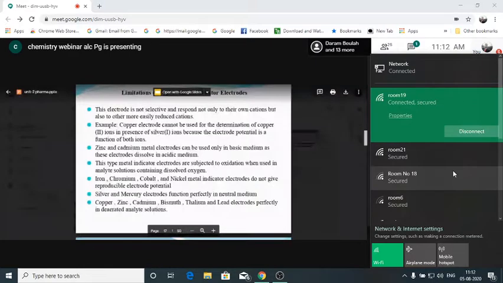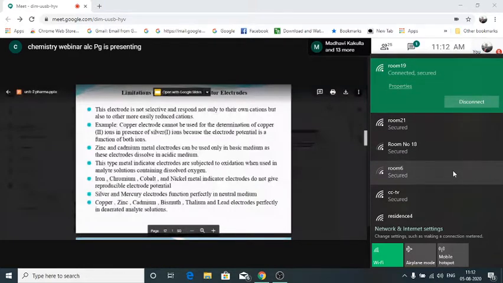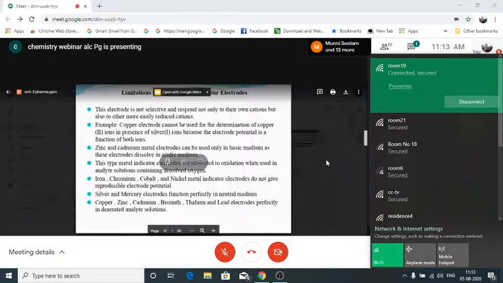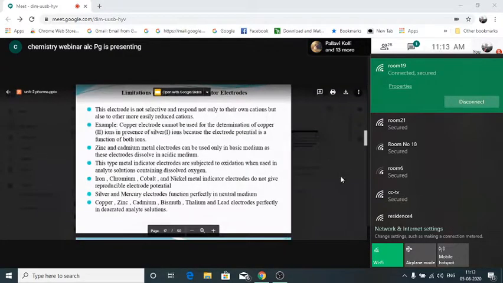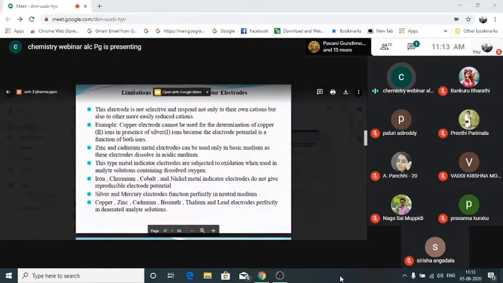Is it clear? So we can say that the potential developed by the indicator electrode is not always reliable. We cannot rely upon the information or the potential developed by the indicator electrodes.